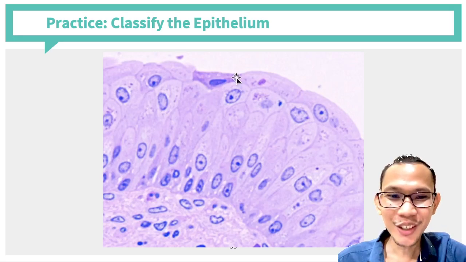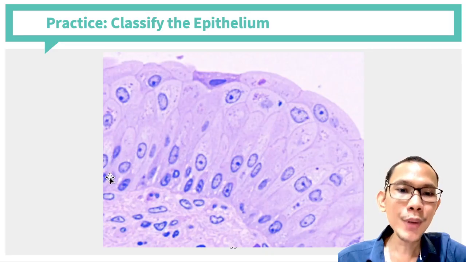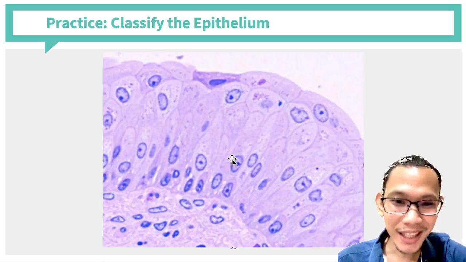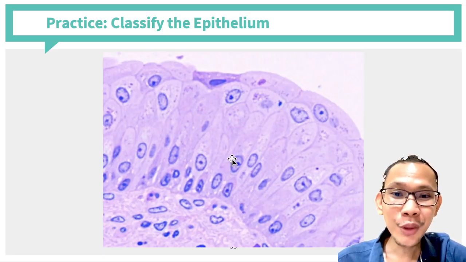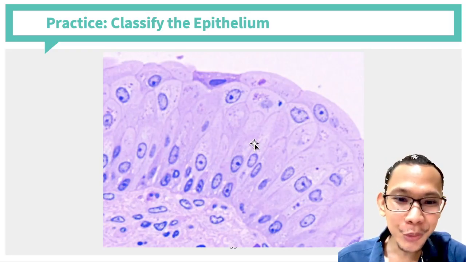Nagta-transition, no? Dito, parang magfa-flat or magsa-stretch out na. Dito, pahaba. Dito, cuboidal. Dito, circular. So again, this is now your transitional epithelium or your urothelium.